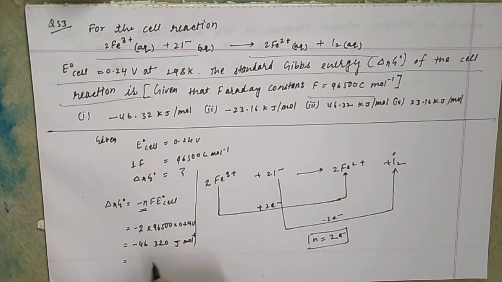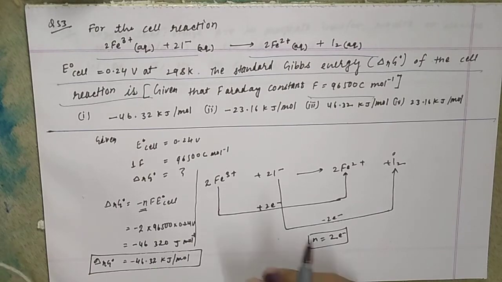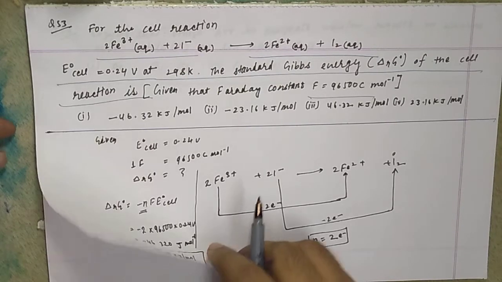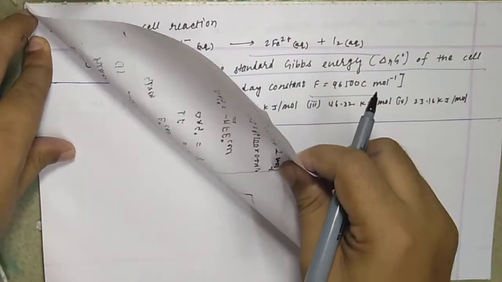If you put it in kilojoule, divided by 1000, it is minus 46.32 kilojoule per mole. So this is the delta r G naught value. This is simple, based on calculation only, and nothing else is there in the question. Now let us move to the next problem.